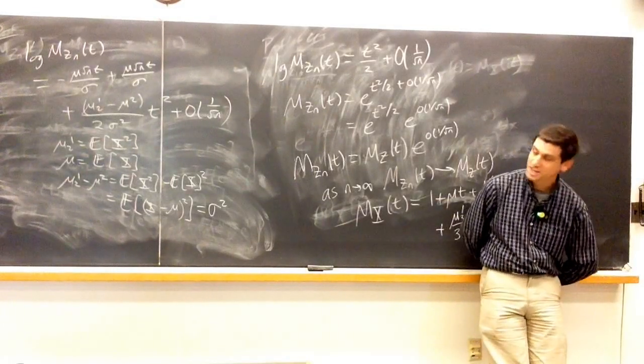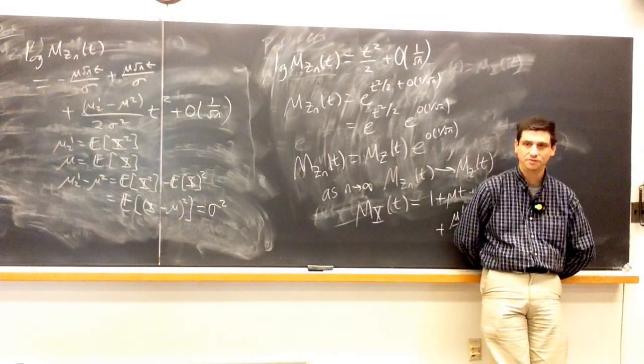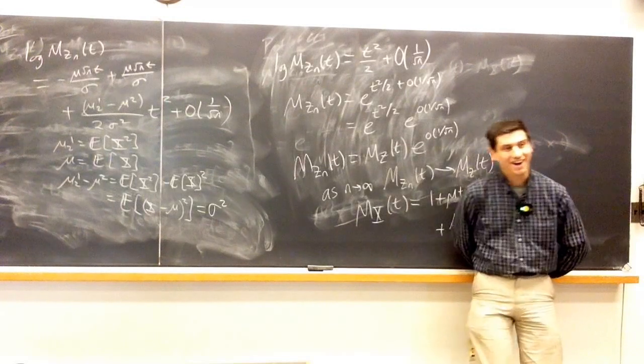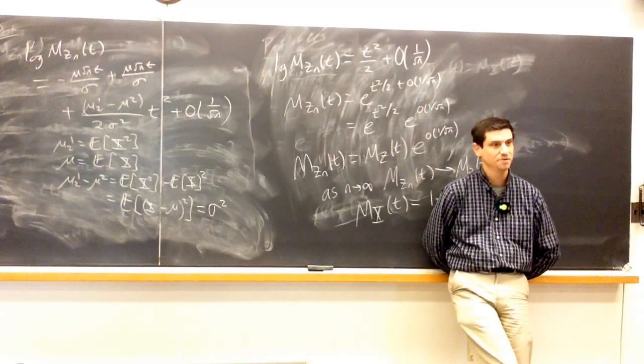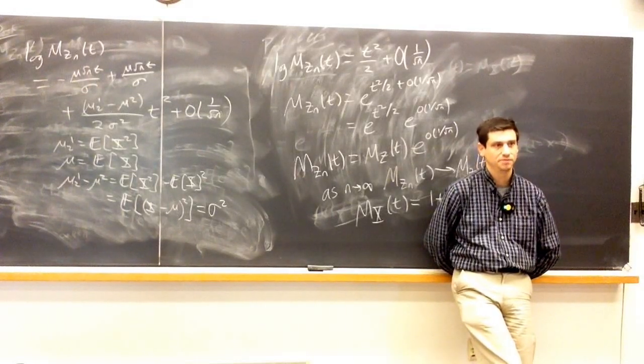Something should be breaking down, right? There's got to be some issue. Maybe the Taylor series is not analytic. Maybe the Taylor series doesn't converge. And that could be the problem.